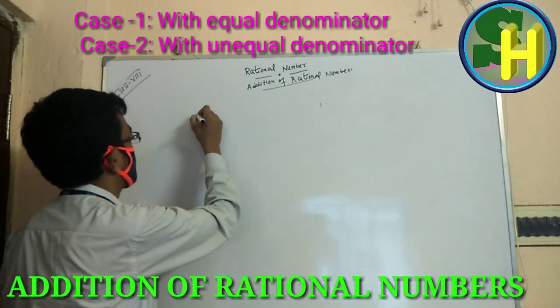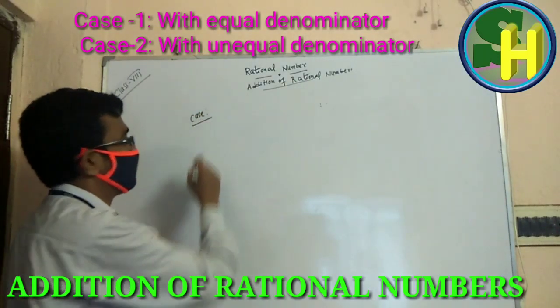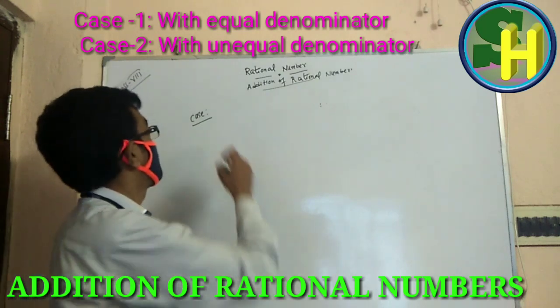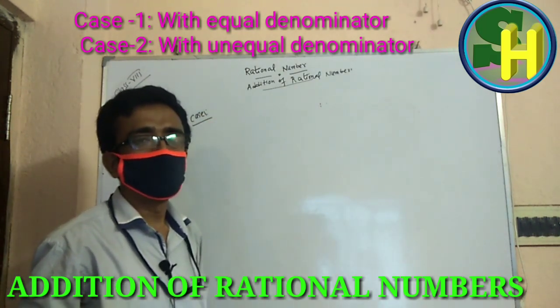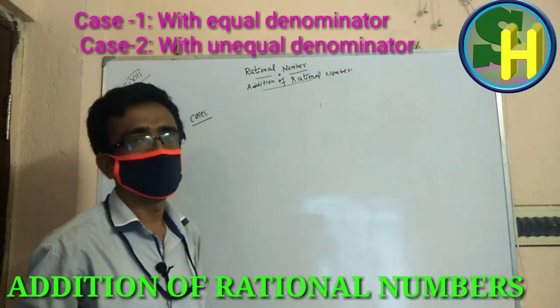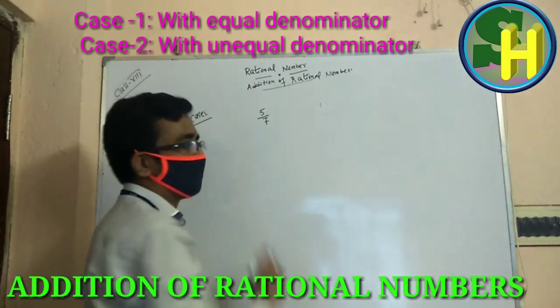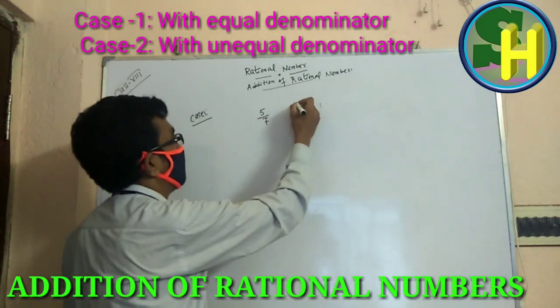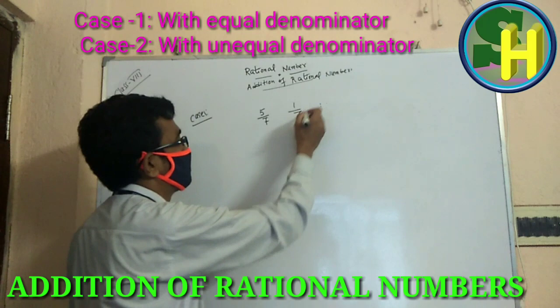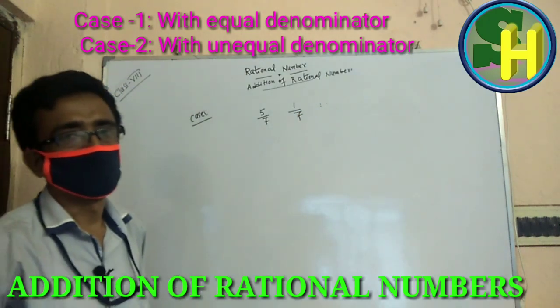Case 1: if the rational numbers have equal denominators, or the same denominator. 5 by 7 is a rational number and 1 by 7 is also a rational number.